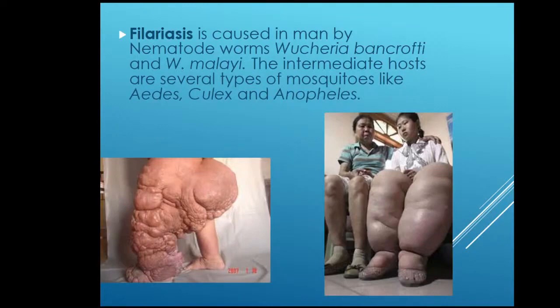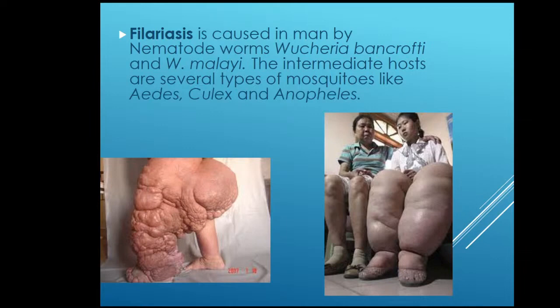The mosquitoes are vectors for the roundworms Wuchereria bancrofti and Wuchereria malayi. This roundworm is the causative agent of elephantiasis or wuchereriasis. People are infected by this disorder by bites of mosquitoes of genus Aedes, Culex, or Anopheles.